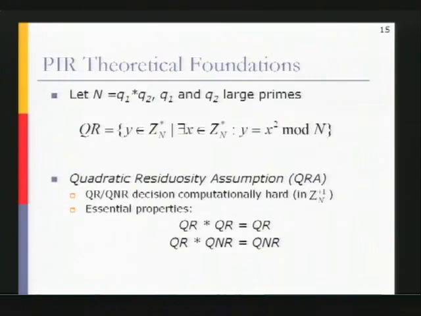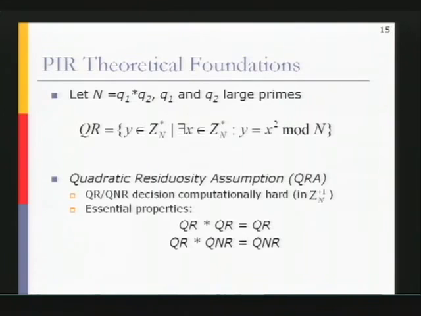A few mathematical properties. I will just skip very briefly over these. The PIR protocol that we are using relies on the assumption that it's difficult to find out whether certain large numbers have a certain property. And the setting is the following. We have two large primes. This is similar to the RSA setting, standard encryption.